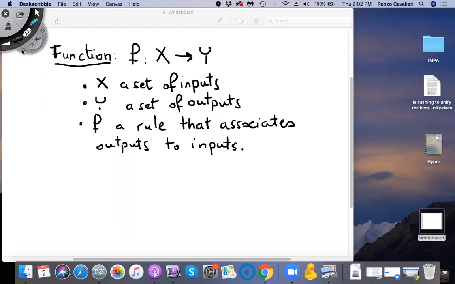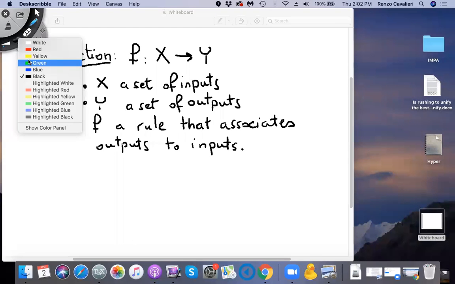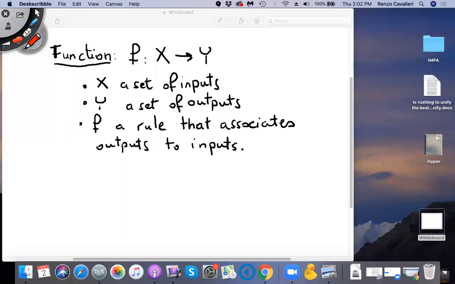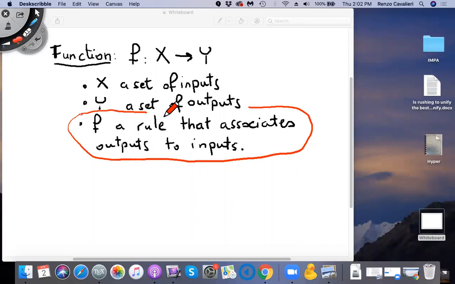Okay, it's very common in mathematics, because we're lazy, to take x and y for granted and focus exclusively on the rule. That's why in calculus, if I give you the function f of x equals 1 over x, you should already know what the input set and the output set are.